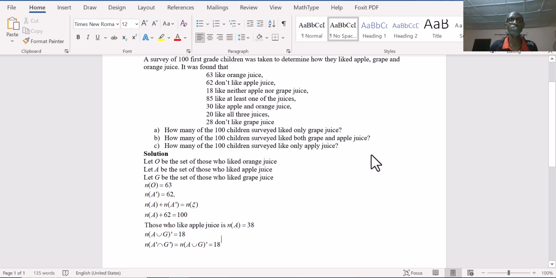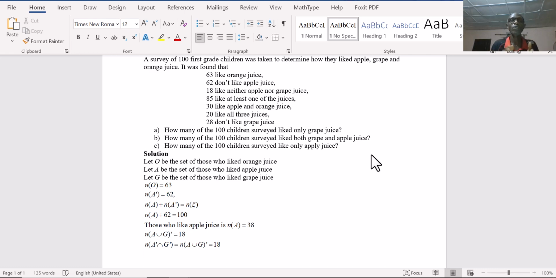Then the next one says 85 like at least one of the juices. So before we start, let's say you have 3 pencils, and somebody says, please give me at least one pencil. That means you can give the person one pencil, you can give the person 2 pencils, or you can give the person the whole 3 pencils.